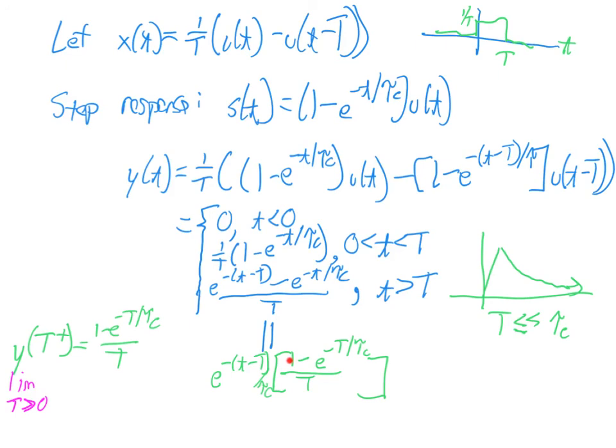So when I take the derivative of the numerator with respect to capital T, I just get 0 here minus, and then I'll get 1 over tau c and the e to the minus t. So let's write that down. So 0 minus 1 over tau c e to the minus t over tau c, over 1. So that's the derivative with respect to capital T. Now I have a form where I can safely substitute in capital T equals 0.